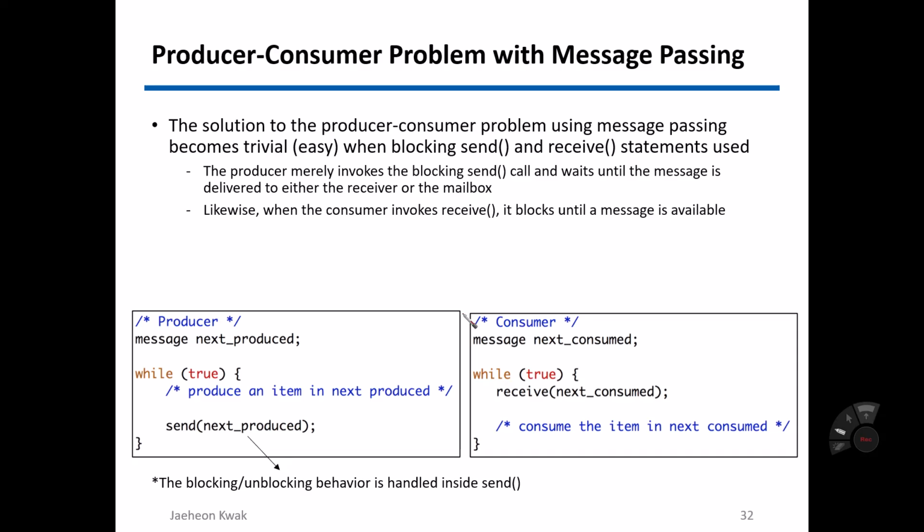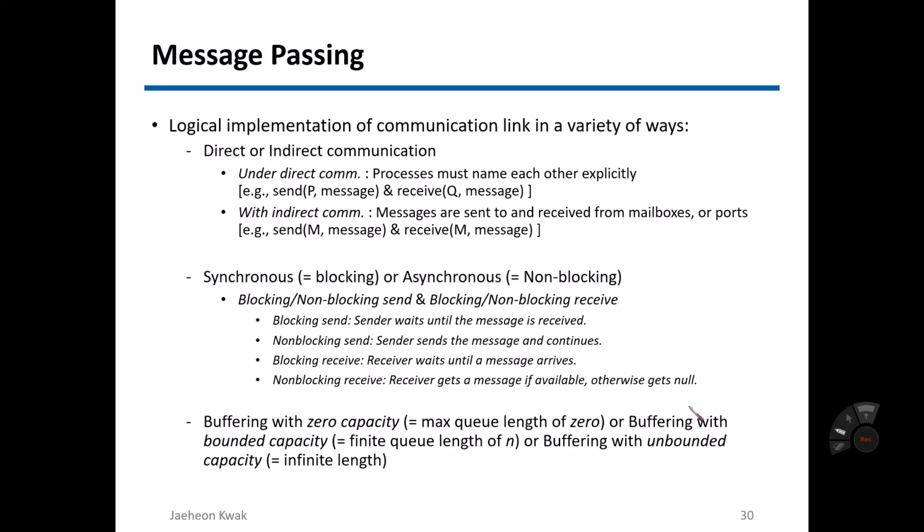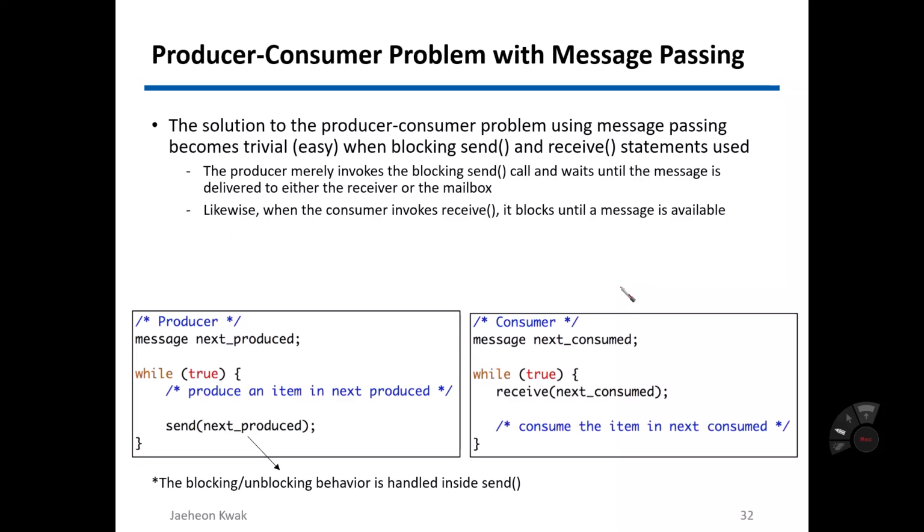Unlike shared memory, we can simply use the send and receive functions. We don't have to care about the buffer size. All these details are handled by the kernel, the system code. Inside the send function, the blocking and non-blocking behavior will be handled.